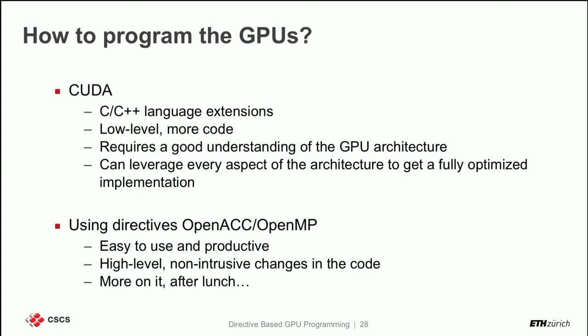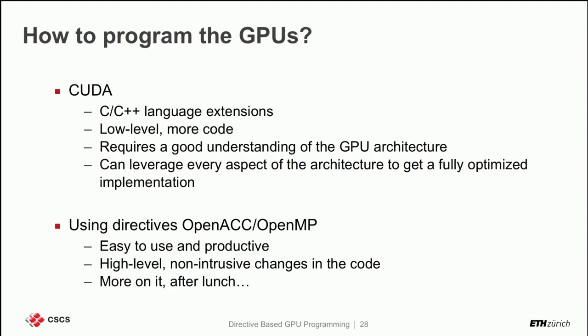All the details that we went through quickly are much more, believe me. If you want to get efficient code, you have to know the architecture correctly. It's low level, with more code as a result. And as I said, you need a good understanding of the GPU architecture to get efficient code.